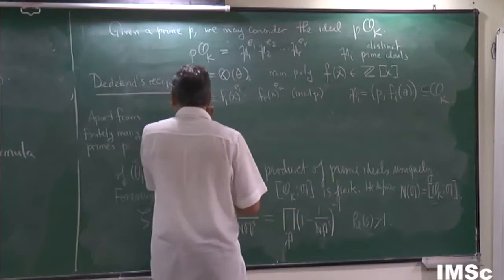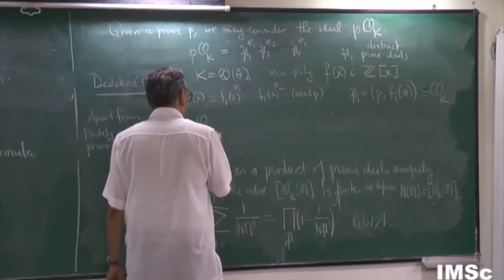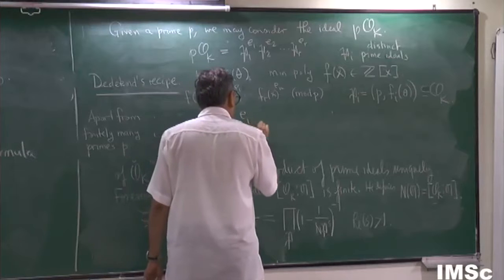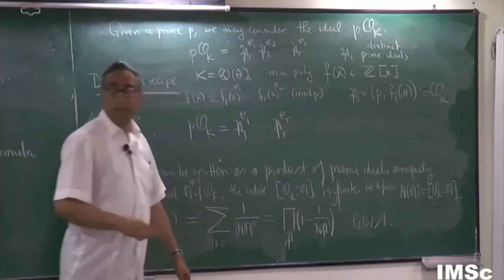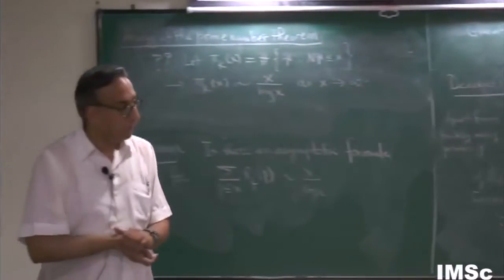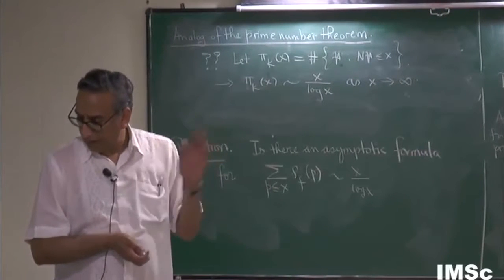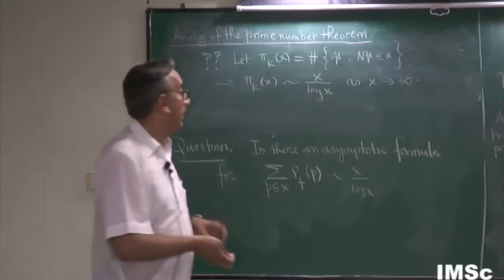Having done so, the ideal generated by pO_K is precisely P_1^e_1 through P_r^e_r. So in other words, if I throw away these special primes, these are primes that might divide the discriminant, which we'll not talk about, okay?